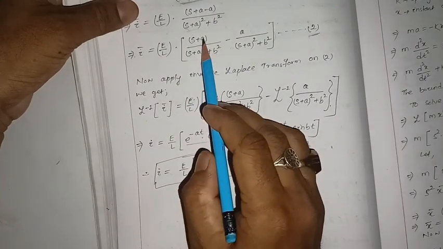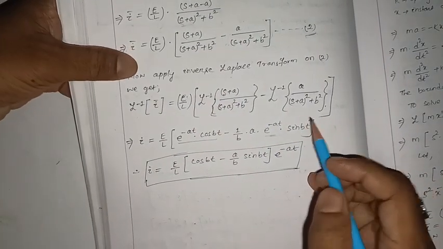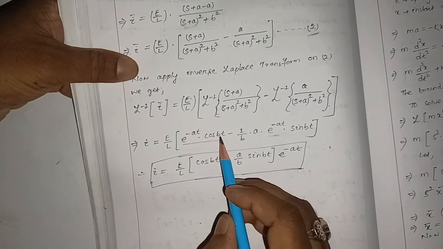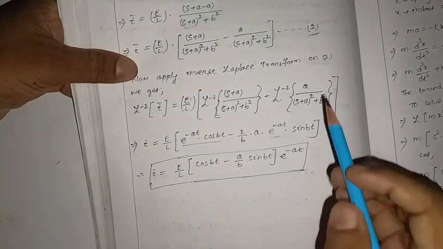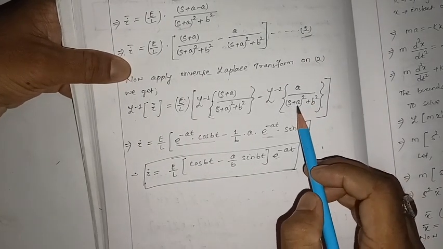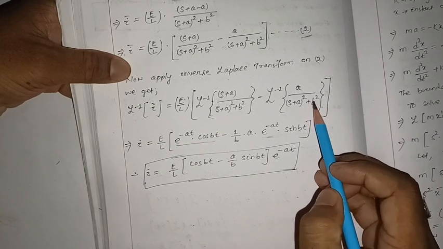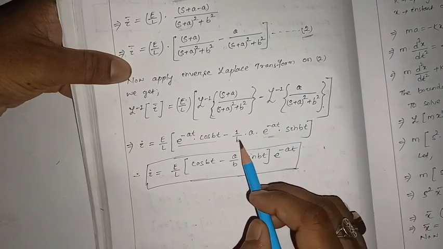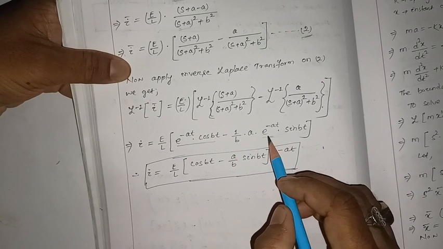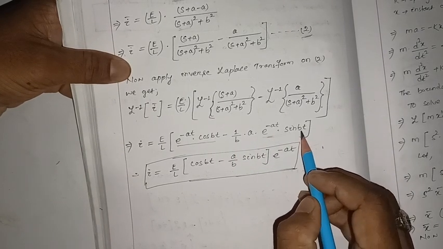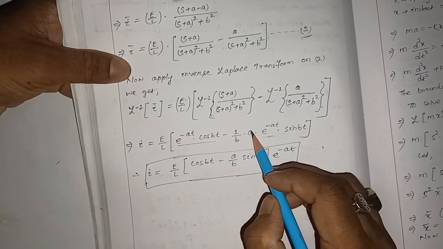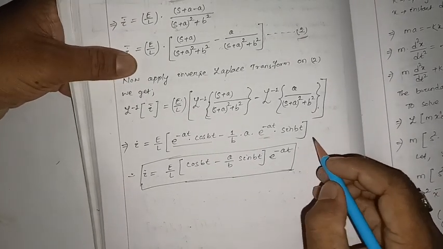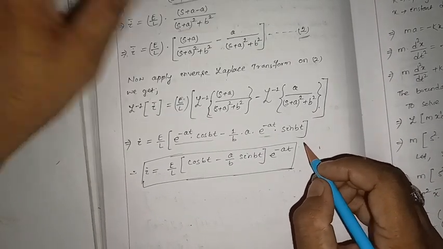But s plus a will be there, means first shifting theorem we have to apply. So it will be e to the minus at cos bt. And likewise here s plus a whole square plus b square is there. So we have to multiply by one b over here and divide by one b. Then we can find the answer e to the minus at into sin bt. Already a is there, so a by b. By using the first shifting theorem, I have to write over here.